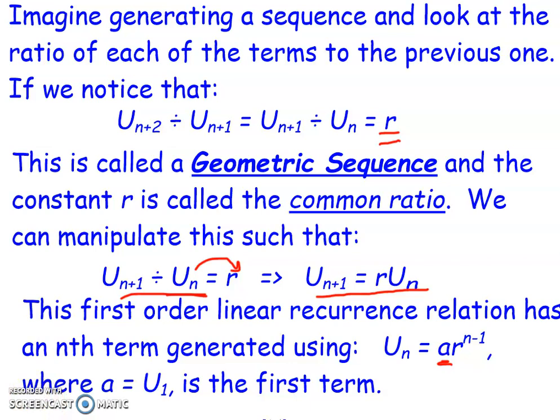Now the natural reaction is to think, how do we know that u_n equals ar^(n-1) actually works? Well, we can use a technique called proof by induction to prove this property and show that it works for any geometric sequence.